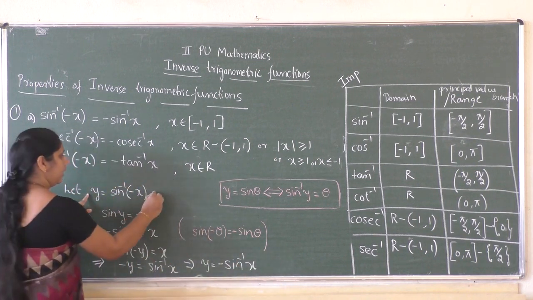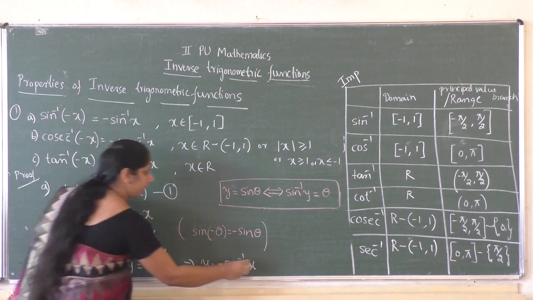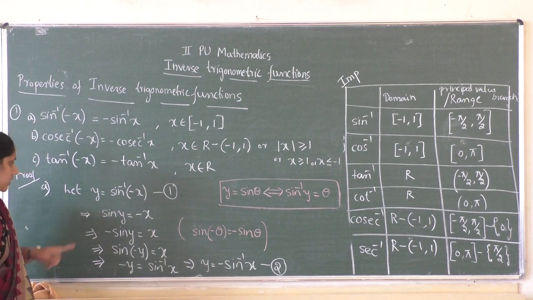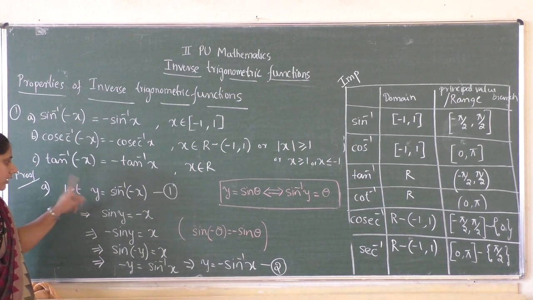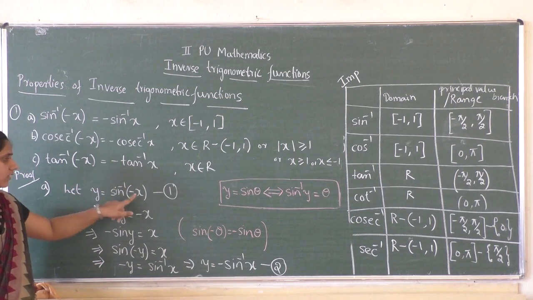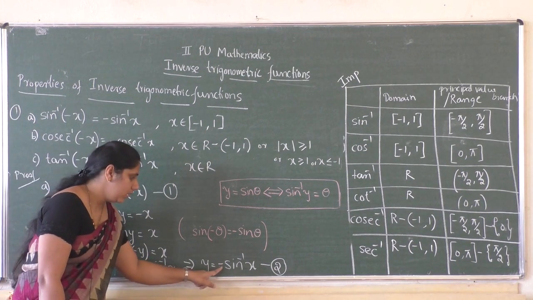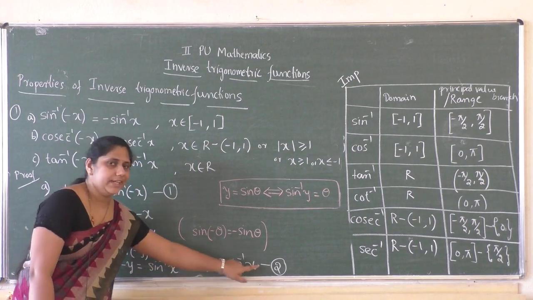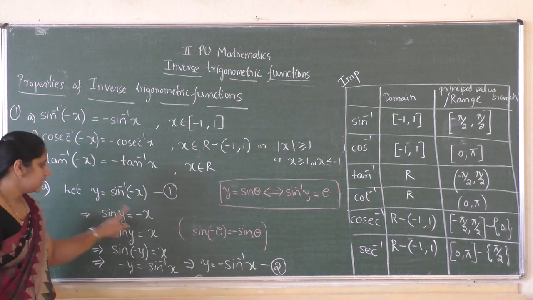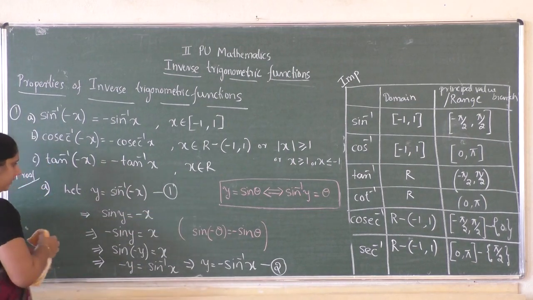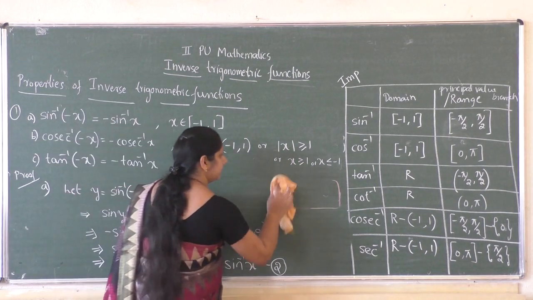Now see, I will consider this as equation 1 and this as equation 2. Now see both equations. In first equation we get y equal to sine inverse of minus x. In second equation we got y equal to minus of sine inverse x. Here both LHS are same, right? So from equation 1 and 2 we can write like this.